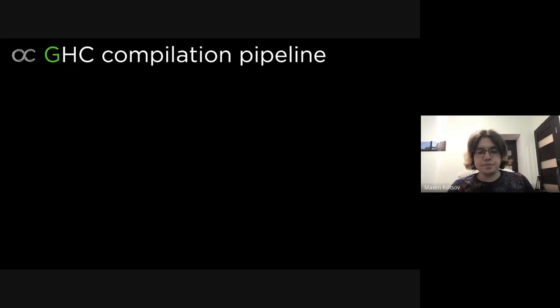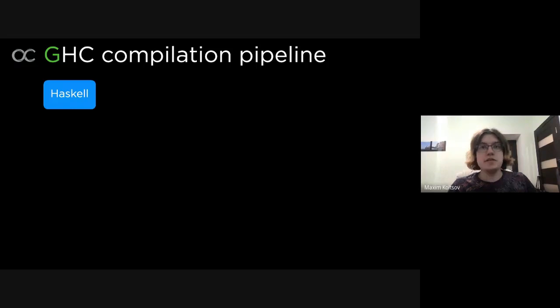GHC has a fairly complex pipeline in its internals on how to transform Haskell code to assembly, to something that can actually run on your hardware. So we take our program in Haskell as an input. Later it gets translated into an auxiliary language called Core, and this is the point where all optimizations happen.